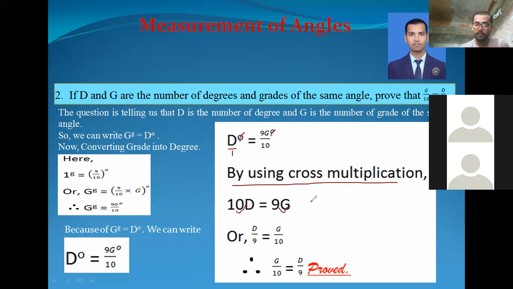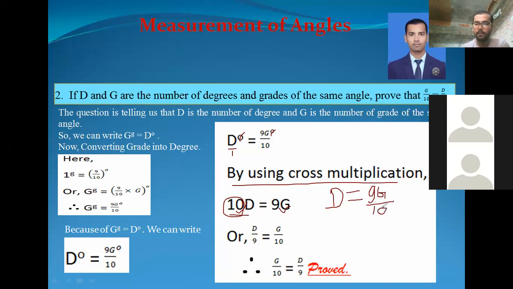In the same way, because 10D is in multiplication form, when we remove the coefficient of D, it divides the other side like this: D is equal to 9G by 10.